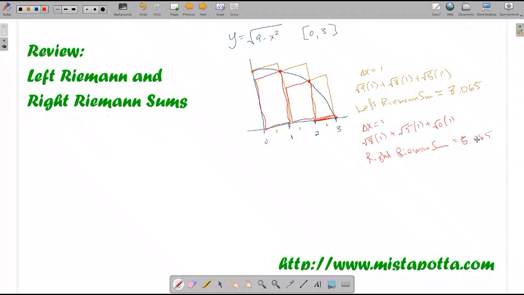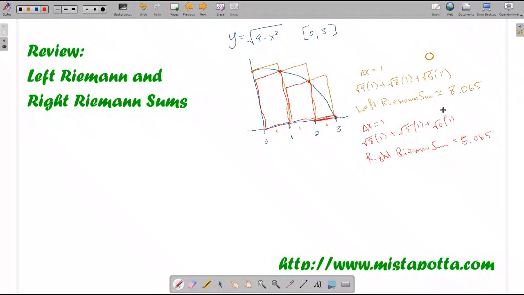And we also talked about how Riemann sums could be overestimates or underestimates depending on our function here. Obviously, my left Riemann sum is an overestimate because there's extra area here that's being included that isn't part of my function.